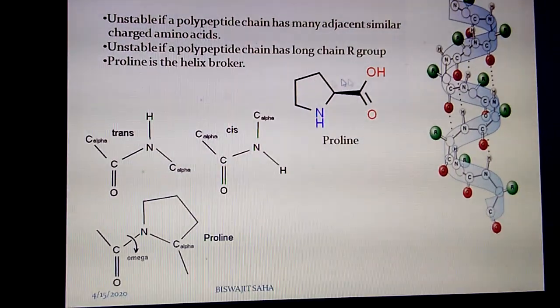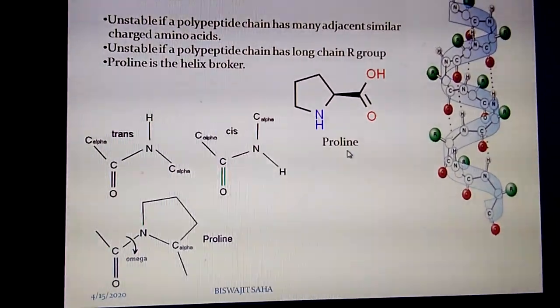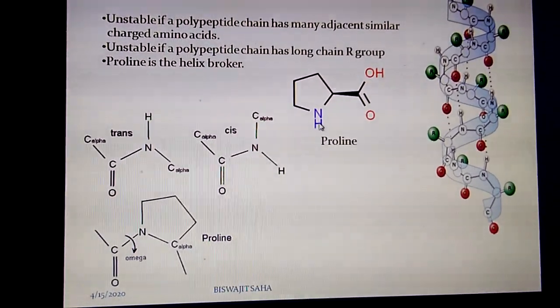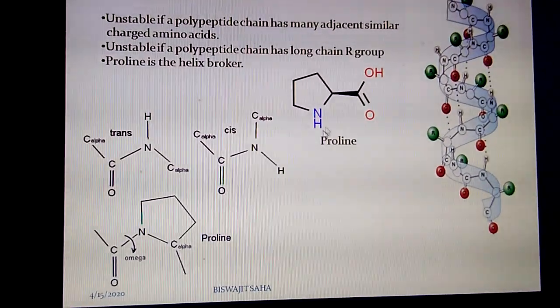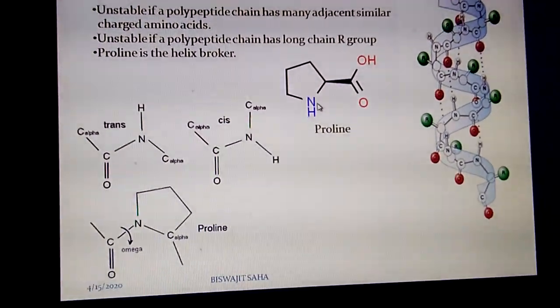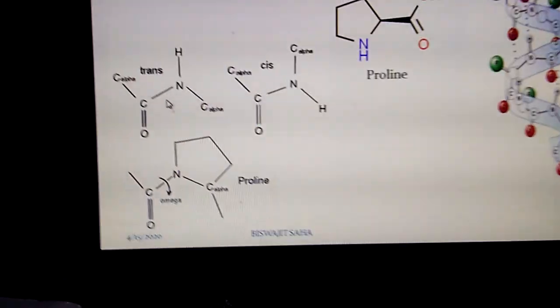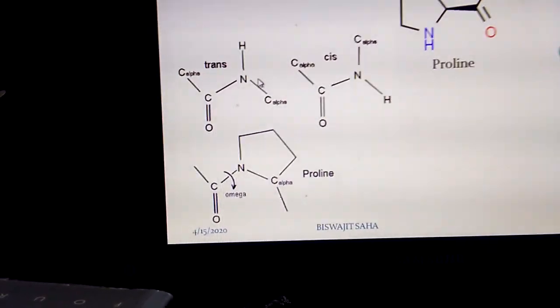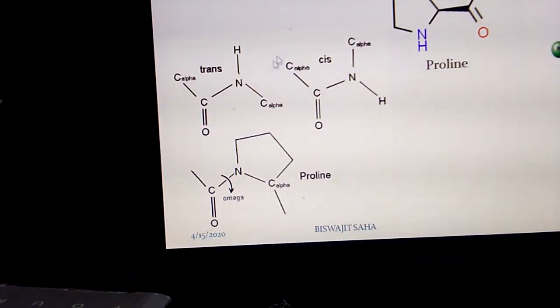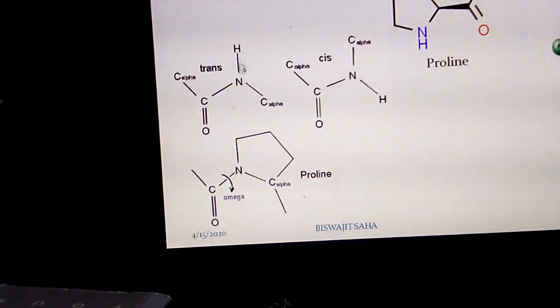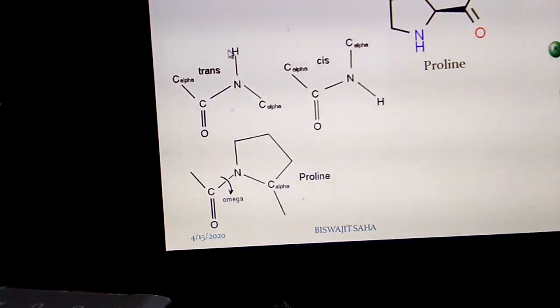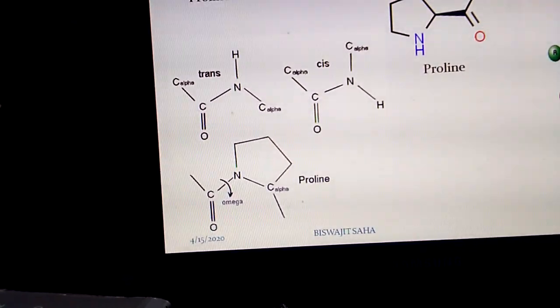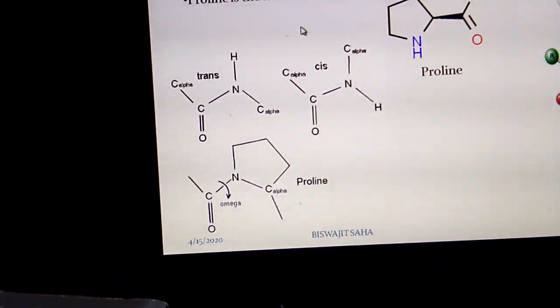So you can see this is the proline. Proline is not a true amino acid, rather it is called an imino acid because it actually contains an NH group instead of NH2. Say this is the normal peptide bond. In a normal peptide bond, one amino acid contains an NH2 group, but in peptide bond formation, one H atom is eliminated by the formation of water.